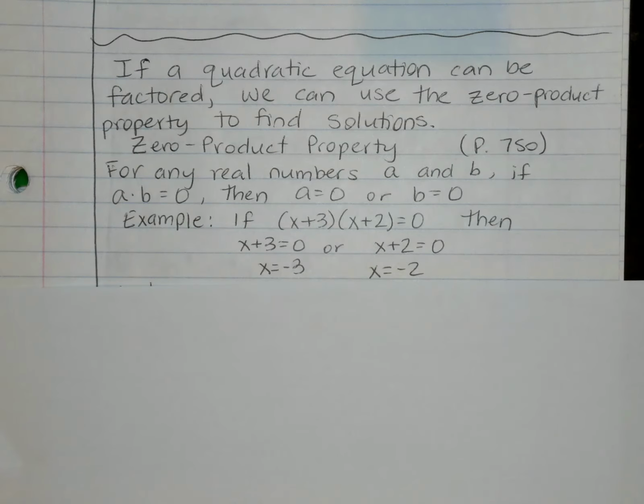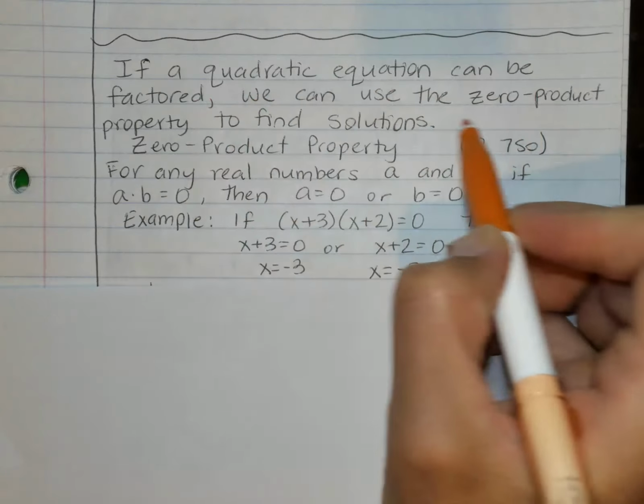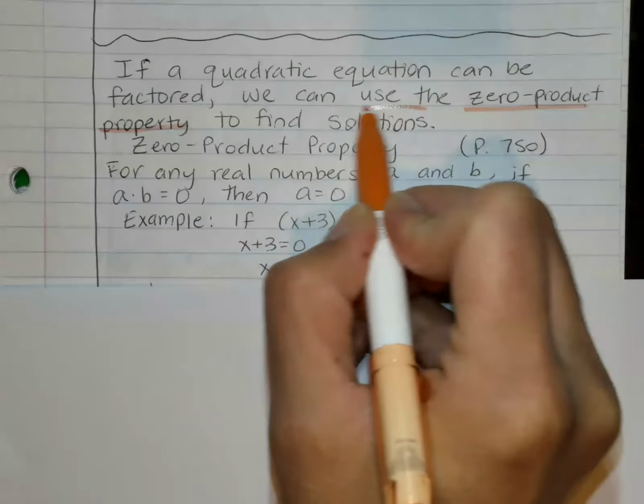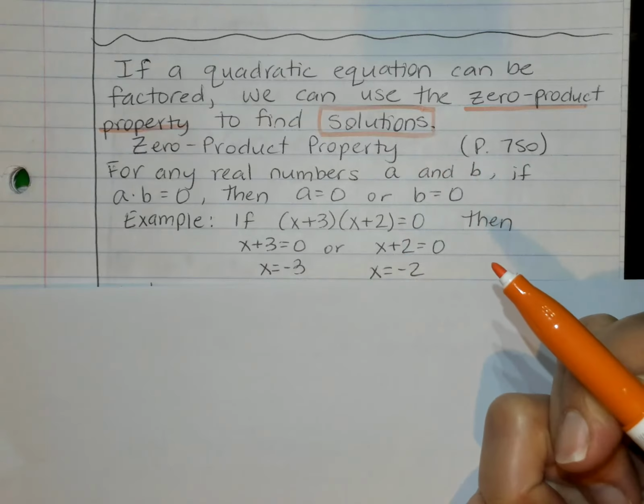So remember, when we learned about factoring, not every trinomial can be factored, but if one can be factored, we can solve the equation by factoring. So if a quadratic equation can be factored, we can use the zero product property to find the solutions. We are solving, so we want to find solutions.